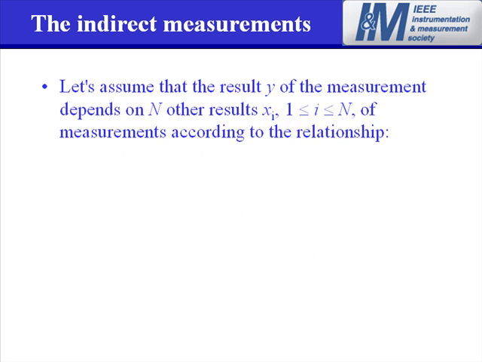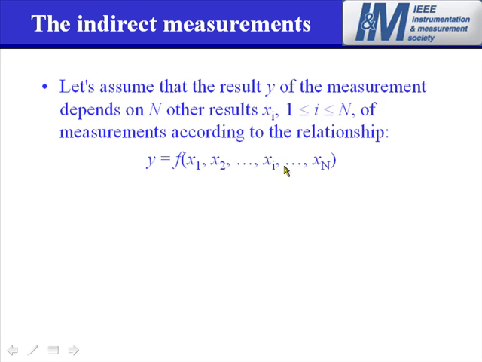So let's assume that the result y of the measurement depends on n other measurement results that we call x sub i, where i ranges from 1 to n. Let's suppose that this dependence is expressed by the functional relationship shown in the slide here.